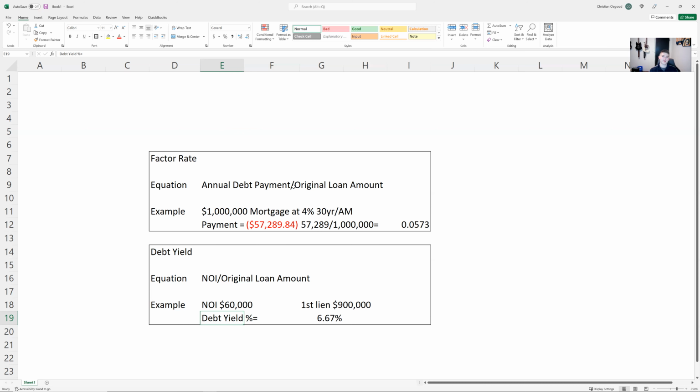But you can't just compare it to your interest rate. You have to look at what's called a factor rate. You can do this for any interest rate, any amortization schedule. You can utilize Google to look at what the actual payment is and to do this equation. And once you know what it is, if you are borrowing at 4% on a 30-year amortization, you have to buy it higher than a 5.73% cap rate, or you won't make money.